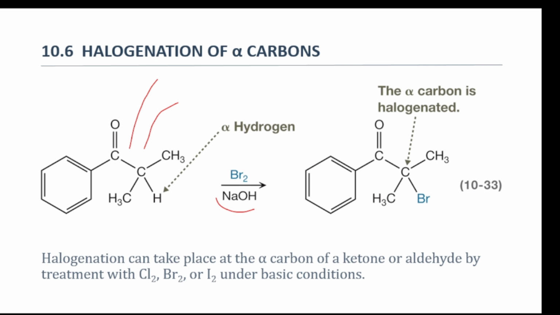And so the alpha carbons that we're going to target with this reaction are the alpha carbon of a ketone or aldehyde. This involves treatment with Cl2, Br2, or I2, but all of these are under basic conditions. What we'll get is a Br that attaches to this carbon here, which is the alpha carbon.